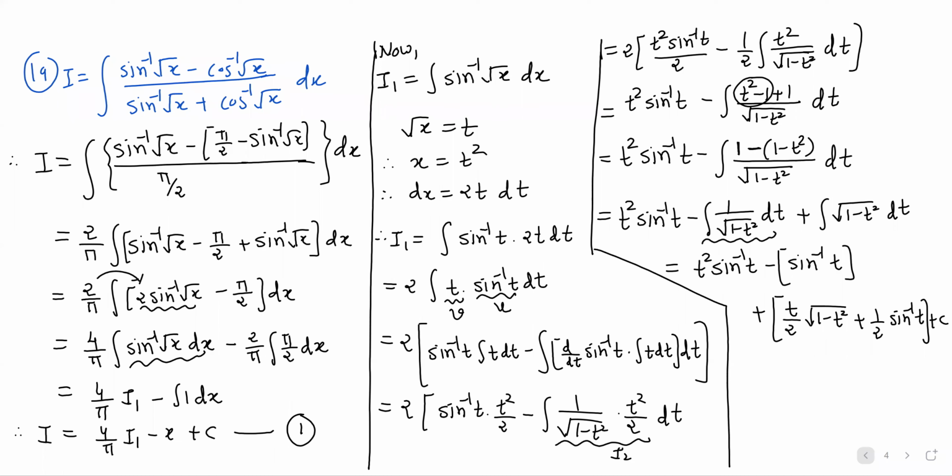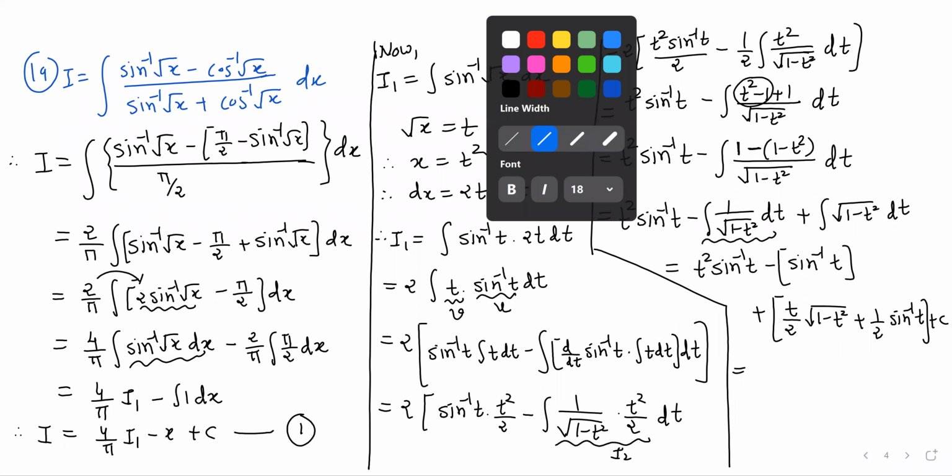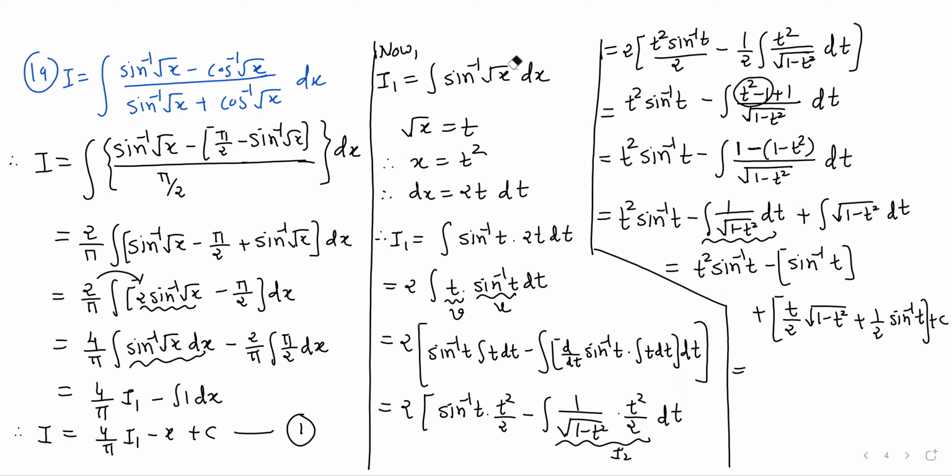First let us simplify this one a little. So t square sin inverse t. Look here, sin inverse t, sin inverse t, sin inverse t.